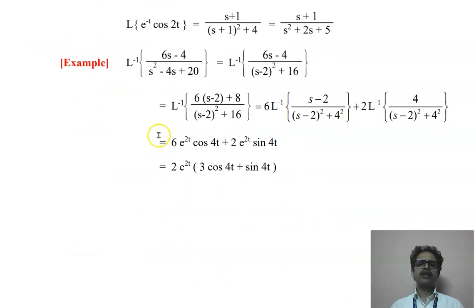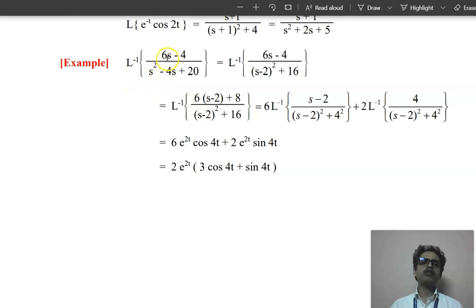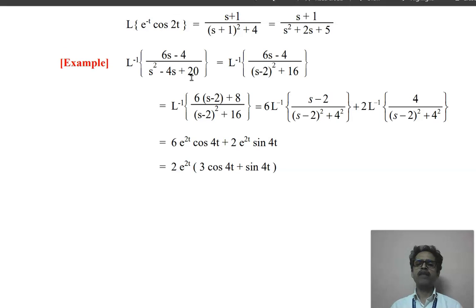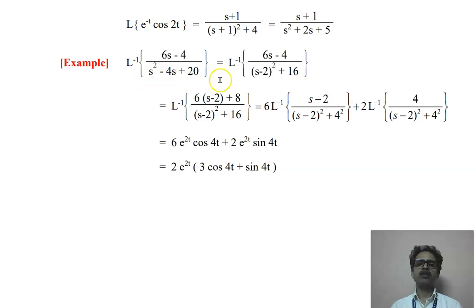Now the next example: we have to find the inverse Laplace transform this time of 3s minus 4 upon s square minus 4s plus 20. So we require a completing square adjustment. From s square we write s, from minus 4 we write minus 2, and then we take the whole square and we find s square minus 4s plus 4. But we don't want plus 4 here, so we write minus 4, and minus 4 with the 20 becomes plus 16.